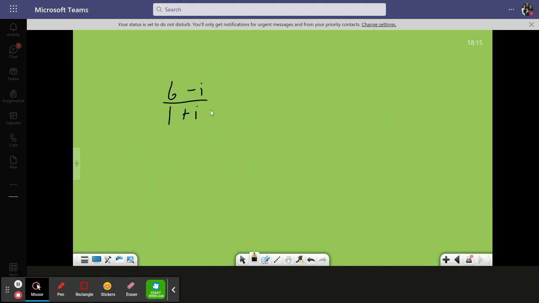Okay, my conjugate is going to be what? 1 minus i. There you go. All right, so I'm going to have to FOIL on both the top and the bottom.